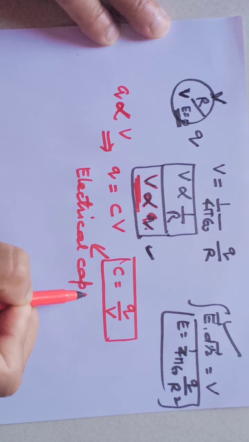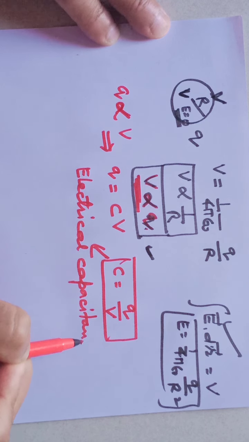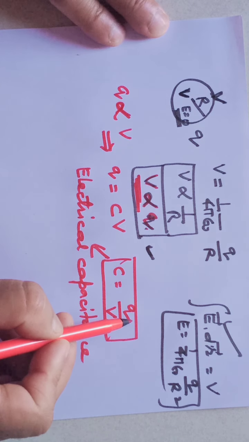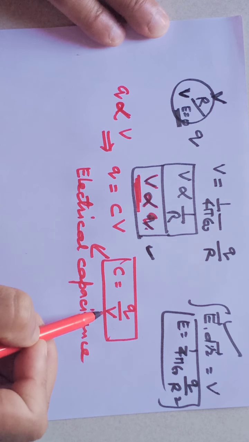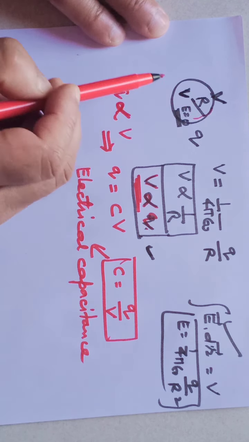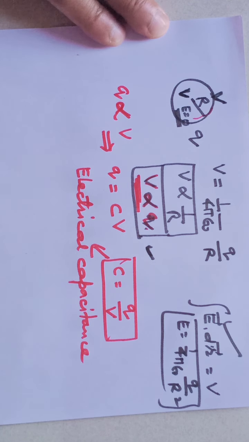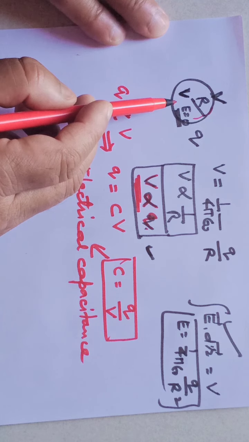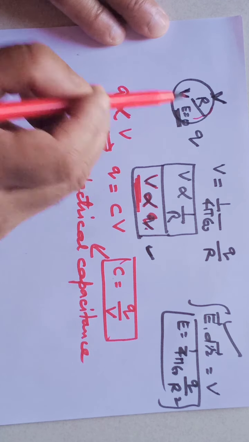Electrical capacitance of the conductor is nothing but the ratio of the charge supplied to the potential developed on its surface. So now let us calculate the electrical capacitance of this spherical conductor.